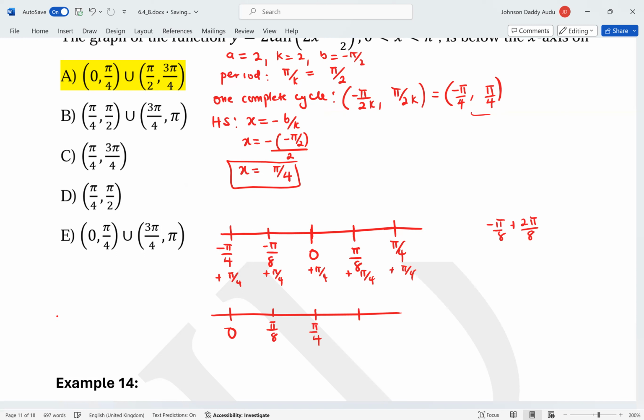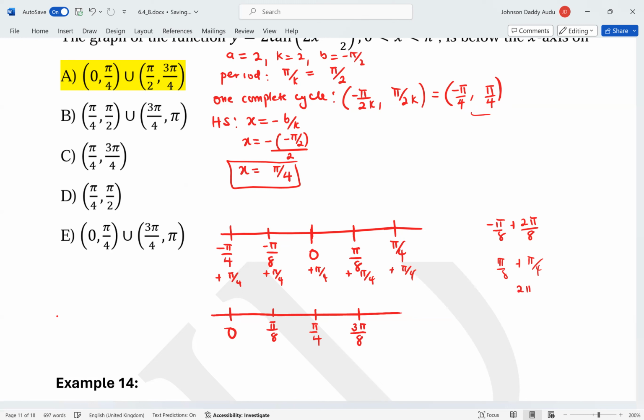And this one, you have pi over 8 plus pi over 4. So this is 2 here, so this will be 3 pi over 8, right? And then here you have pi over 4 plus pi over 4.